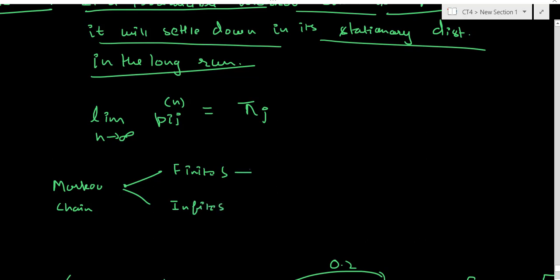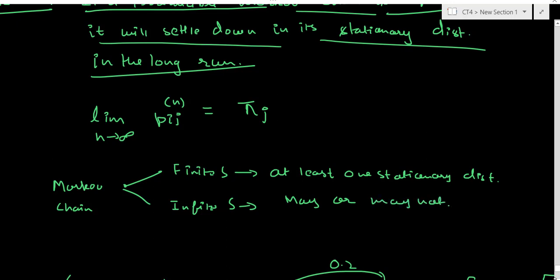The finite one has at least one stationary distribution. The infinite one may or may not have a stationary distribution. We don't know for sure.